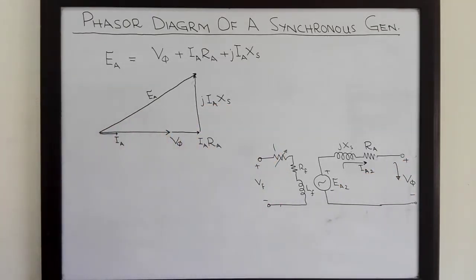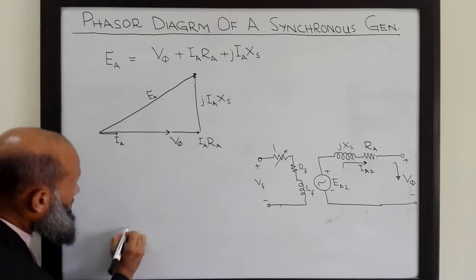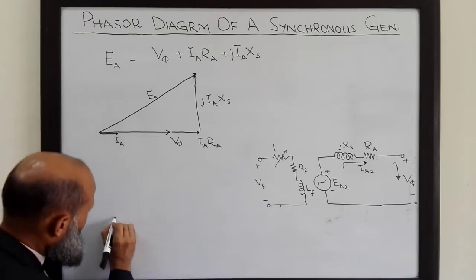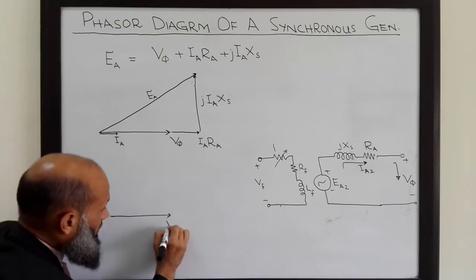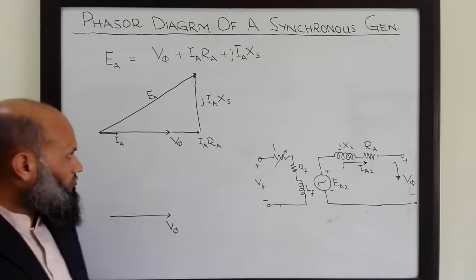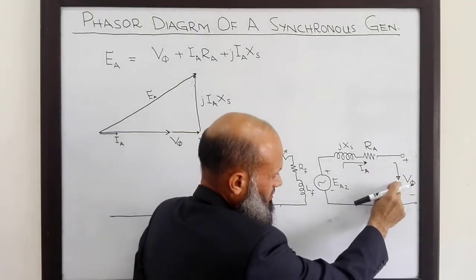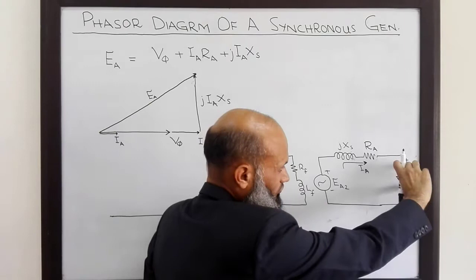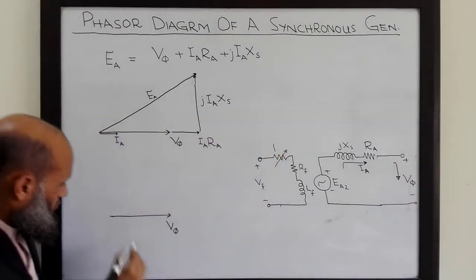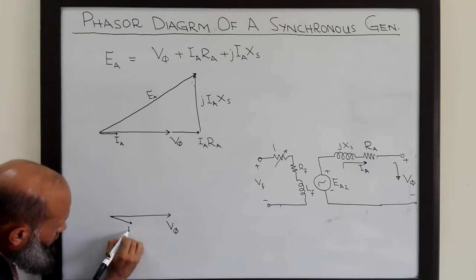Next comes the case for an inductive load. In case of inductive load, we again take V phase as a reference. This is the phasor for V phase, and for inductive load, this current IA will lag this voltage. So here is the phasor for inductive load, IA.